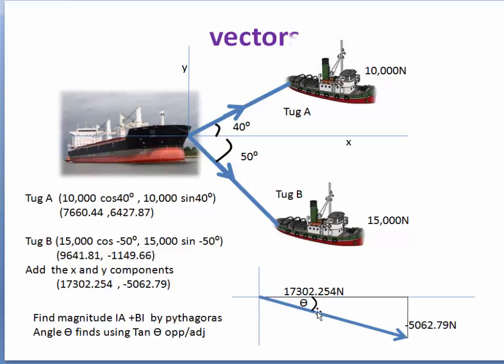This is our resultant vector. We can find the magnitude, so that's a squared plus b squared by Pythagoras, because we know these two sides and we want to find the hypotenuse. This is a right angle. And we can find this angle theta by using tan theta equals opposite, which is here, over the adjacent, which is here.